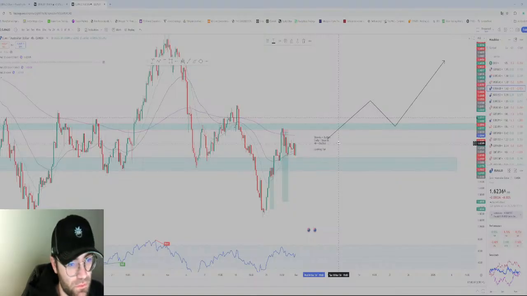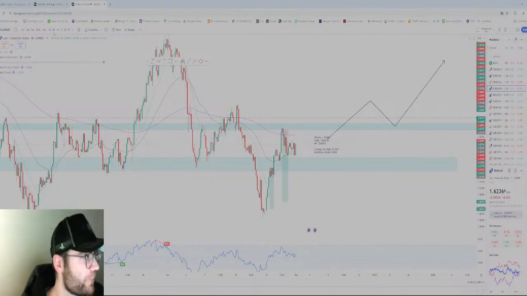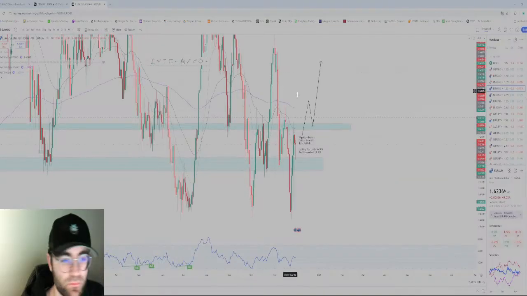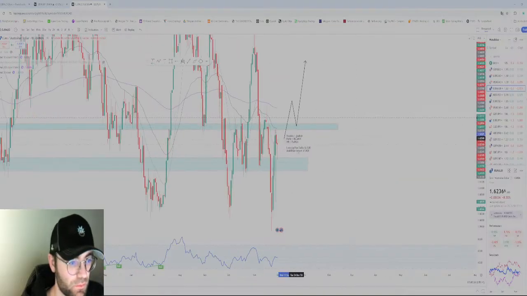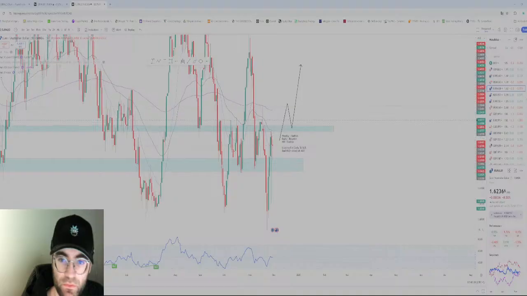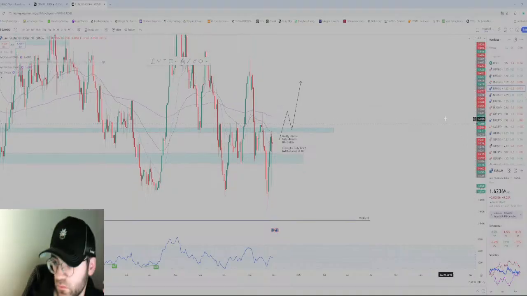Looking for daily to shift structure, and then a retest of the area of interest. Alright. It's a pair we can keep our eyes on for the next week as well.